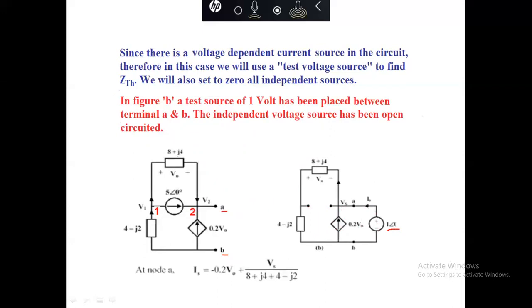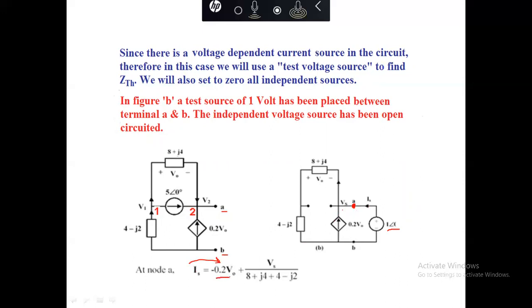First we will find the value of IS, and for IS we apply the nodal analysis at node A. IS current is entering and 0.2 V0 current is also entering, and this current is leaving. As IS is unknown, we take IS minus 0.2 V0 and shift it here.